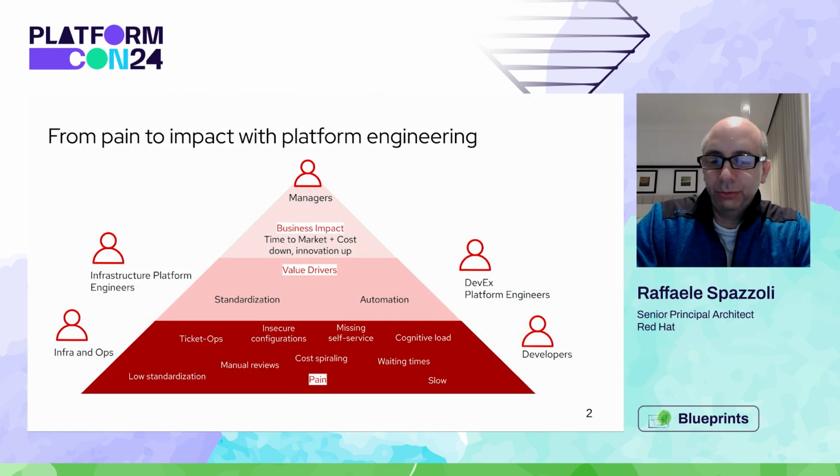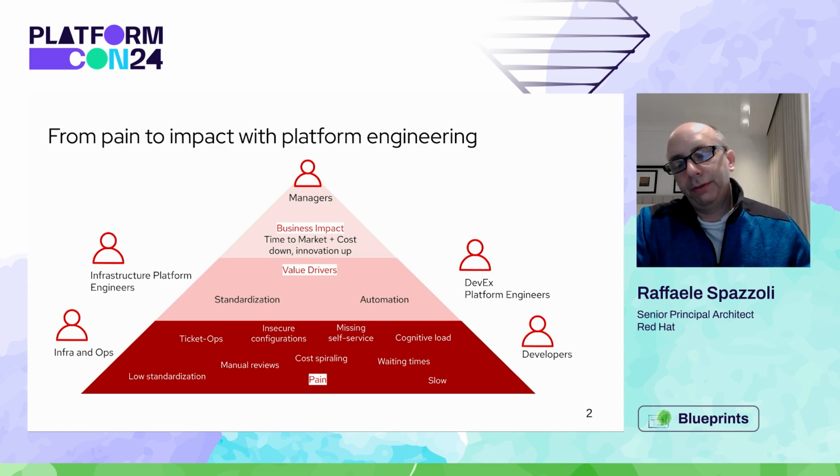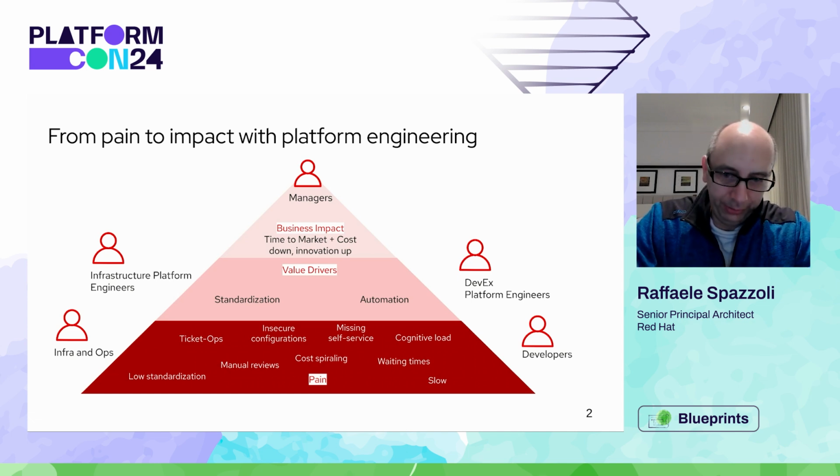As we probably know at this point, the reasons why we want to build a developer platform are mostly rooted in the fact that the developer experience for our developers when they build applications internally in a large organization is often not very good, sometimes really miserable, because they experience all the things that you can see at the bottom of this pyramid, like ticket ops.